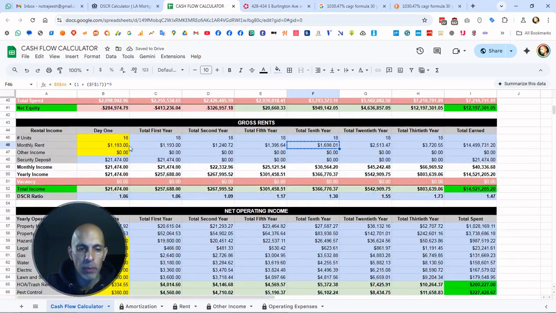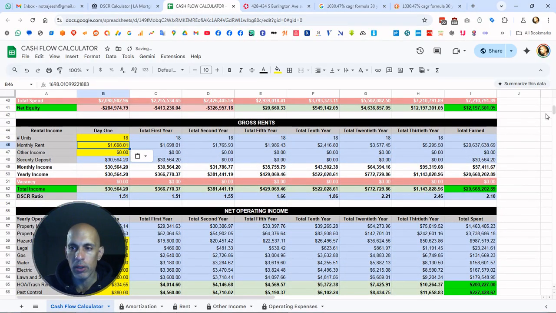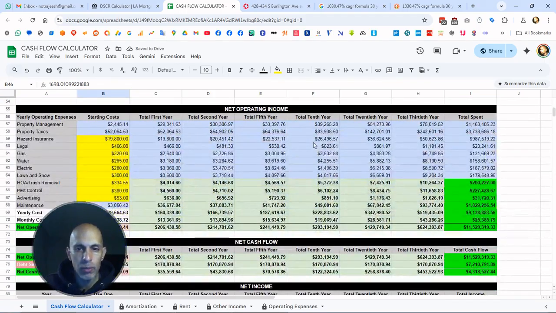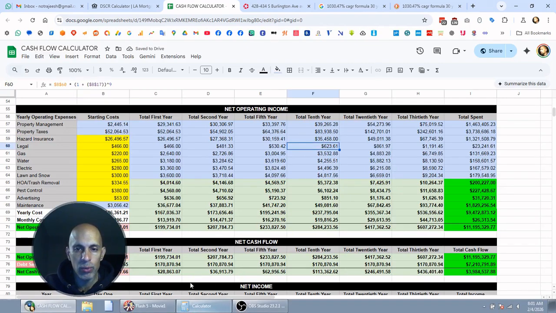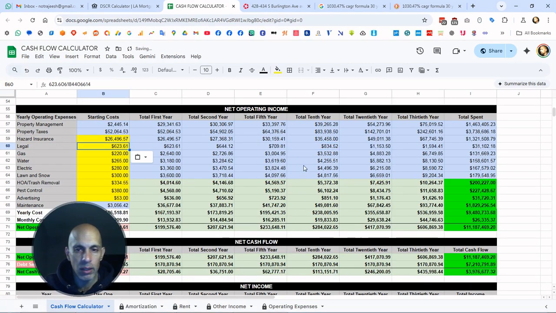So I'm just going to copy the figures from year 10 and plug them into the yellow boxes to do that future modeling. That's going to stay our legal costs.